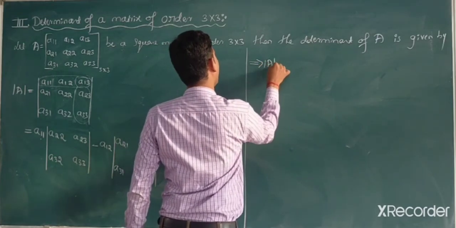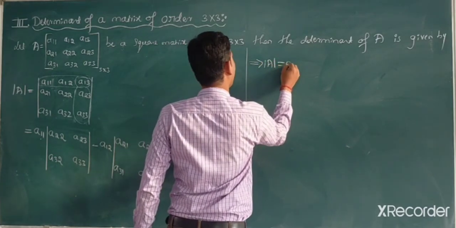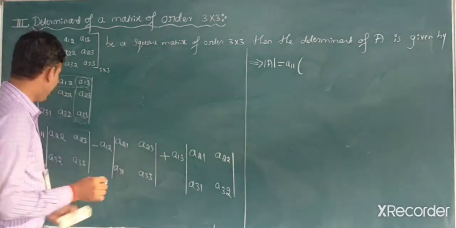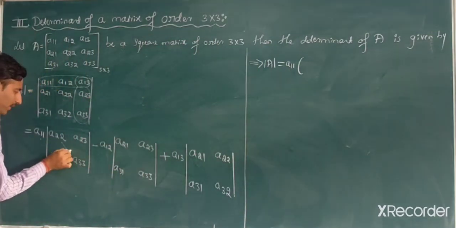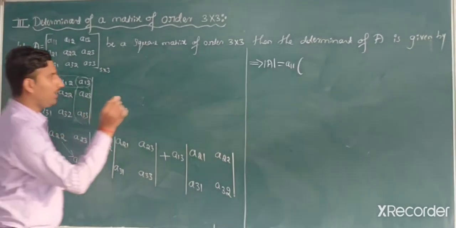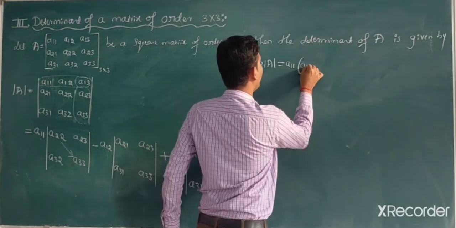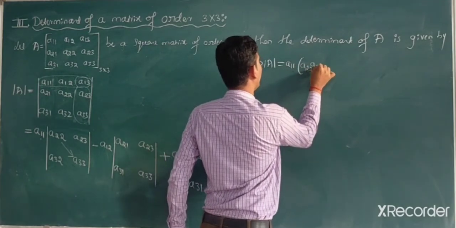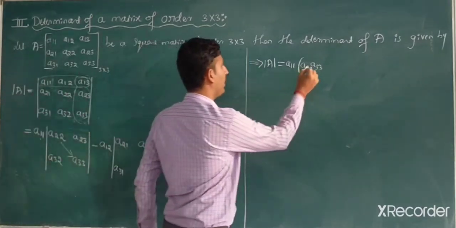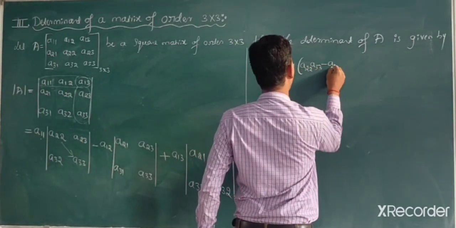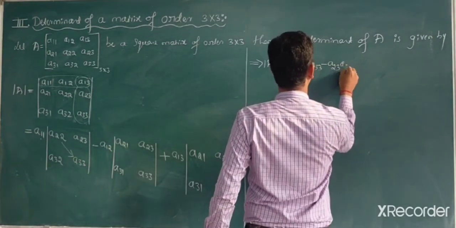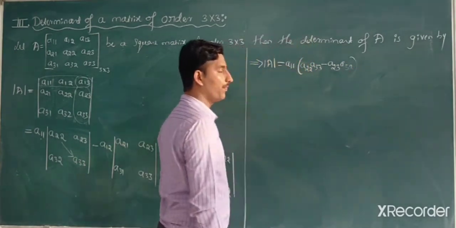Which implies the determinant of capital A is equal to A11 into the 2 cross 2 determinant, A22 A33 minus A23 A32.